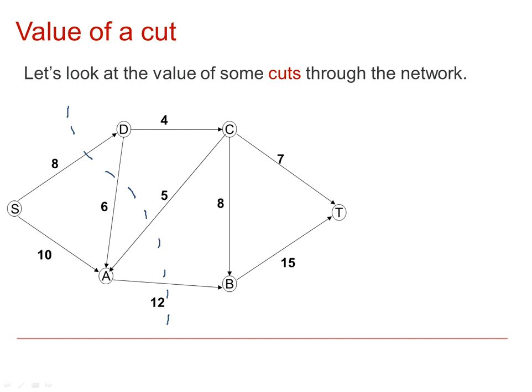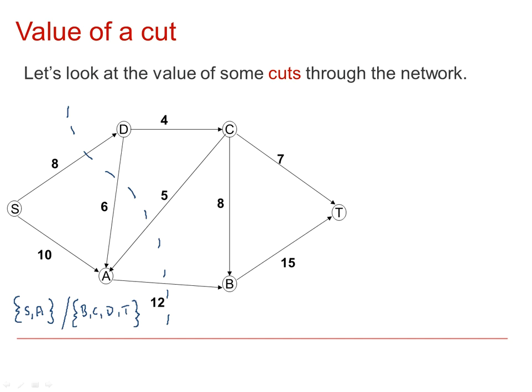So here we have what we call the source set, which would be S, A, and then a cut, and then the sink set would be B, C, D and T. Now, how many nodes there are in each of the sets isn't the point.